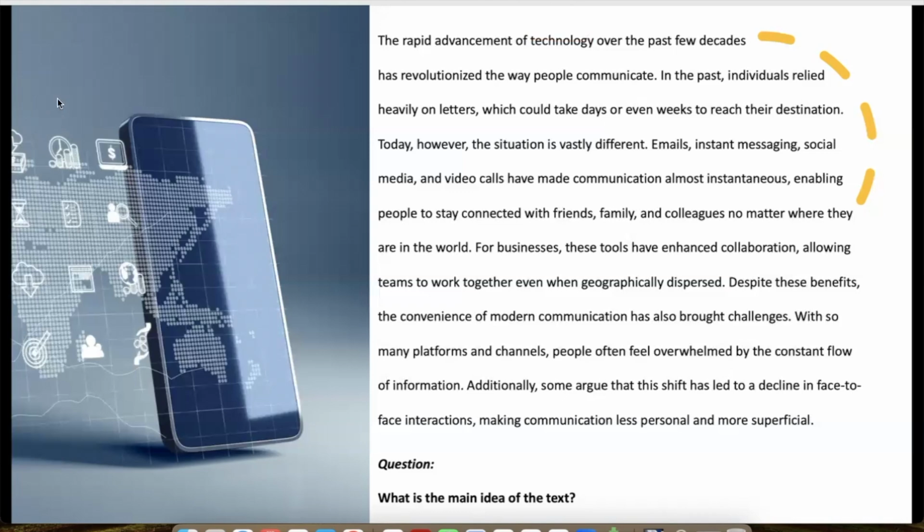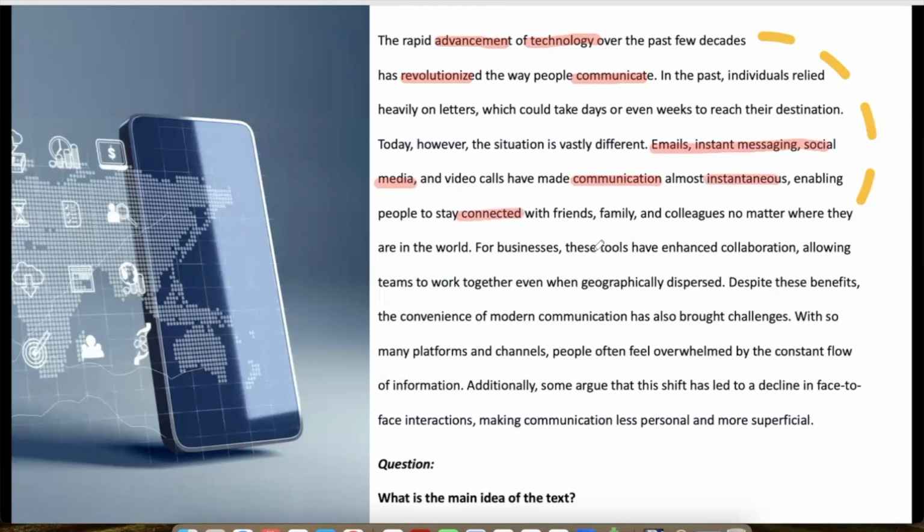I'm going to use the highlighter. Highlighter: technology, advancement, revolutionize, communicate. Okay, we have these: communication, I mean, advanced communication tools. Again, communication, instantaneous, connect.